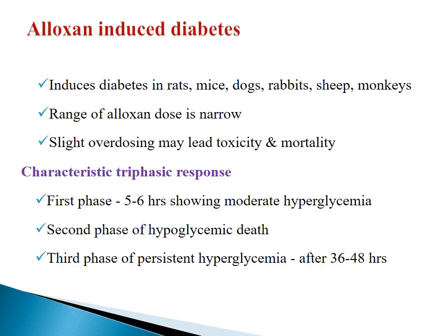However, the compensatory mechanism by the animal shows the second phase where increase in secretion of insulin will take place, and that will cause hypoglycemia in animals, and that leads to hypoglycemic death of some of the animals. Once this hypoglycemic phase is over, that means the compensatory mechanism will be completed. Then it will be followed by third phase of persistent hyperglycemia, which will occur after 36 to 48 hours of injection of Alloxan.